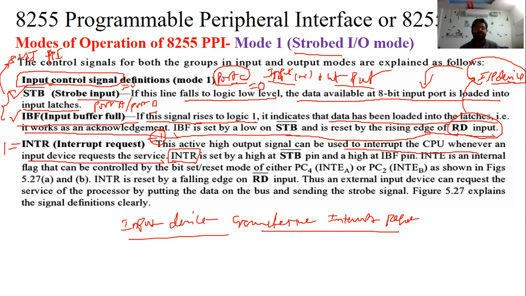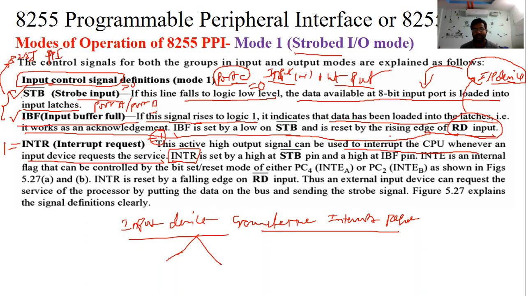Again, our read operation timing diagram is performed like this. For this process, store and input buffer full, up to that the microprocessor is waiting to collect the data. For this waiting purpose, we introduce the interrupt request.